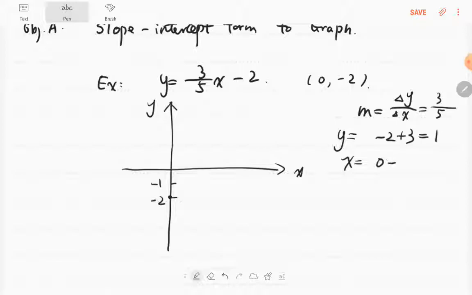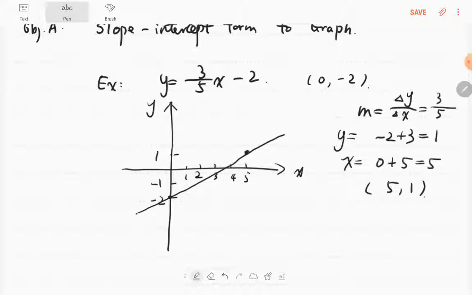So add 5 to x, we'll get 5. So we get a new point, it's called 5, 1. So we have this point too. Then we can connect these 2 points to help us draw the line.